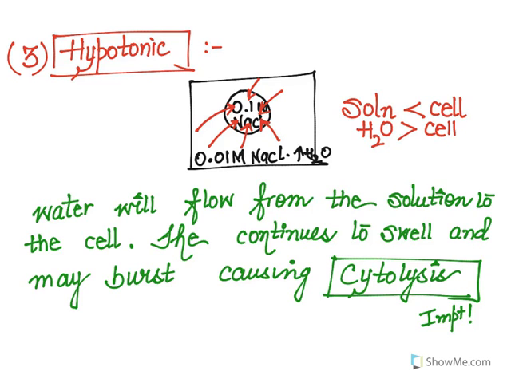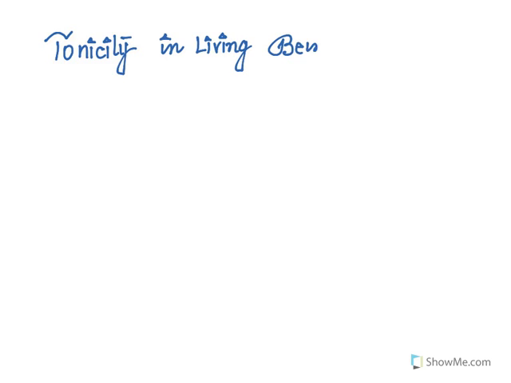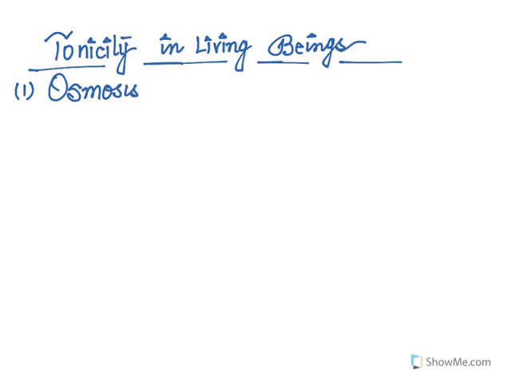All right, on the next page, we are going to take a look at tonicity in living beings and how it's related to animal and plant cells. And the very first point of note-taking will be osmosis happens.